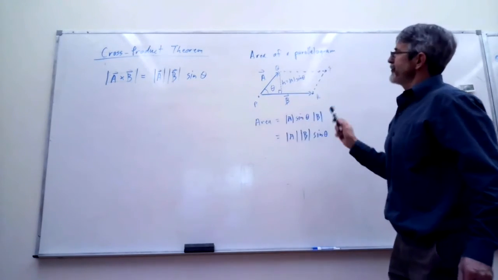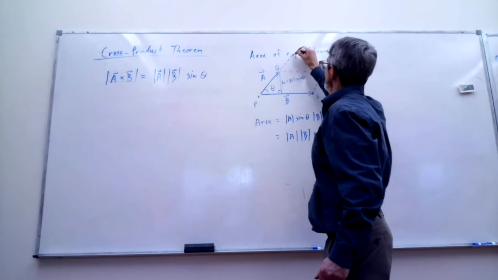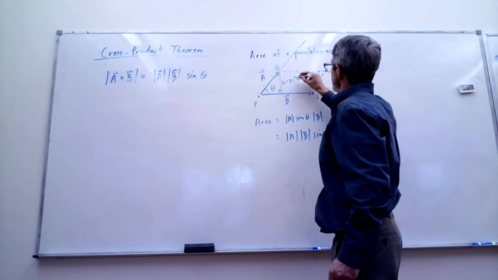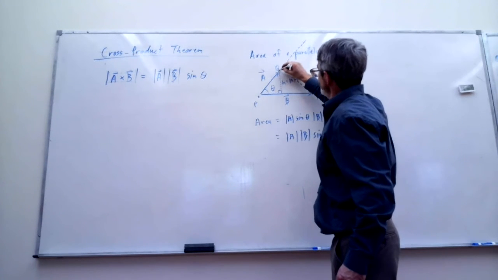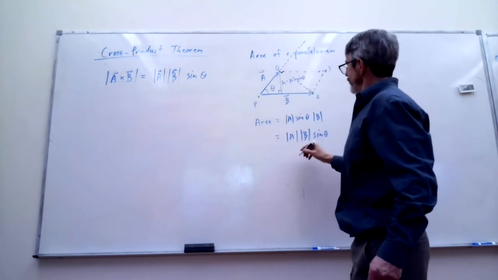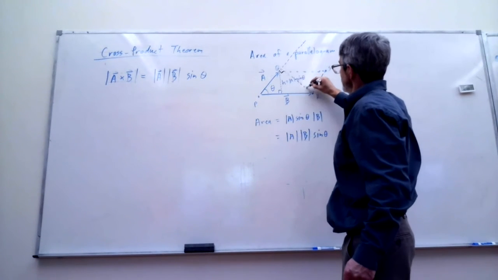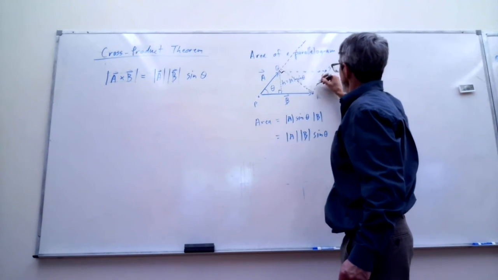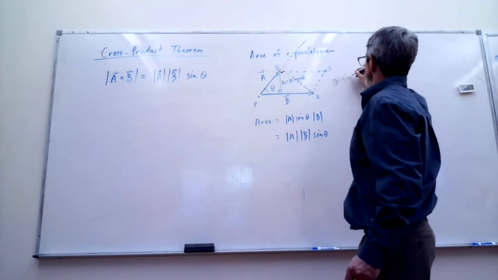Now, we were actually biased towards making B the base. We could have made A the base, and then we could drop an altitude this way, and the altitude would have a height, draw it over here, of B times sine theta.